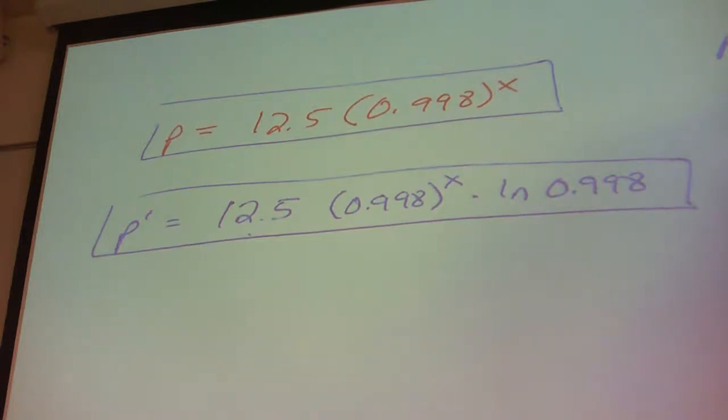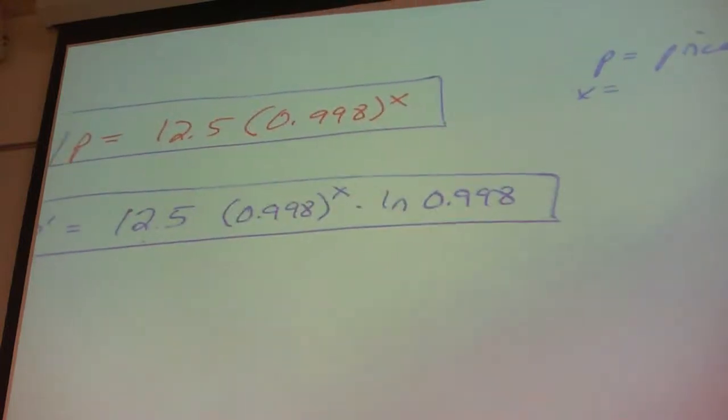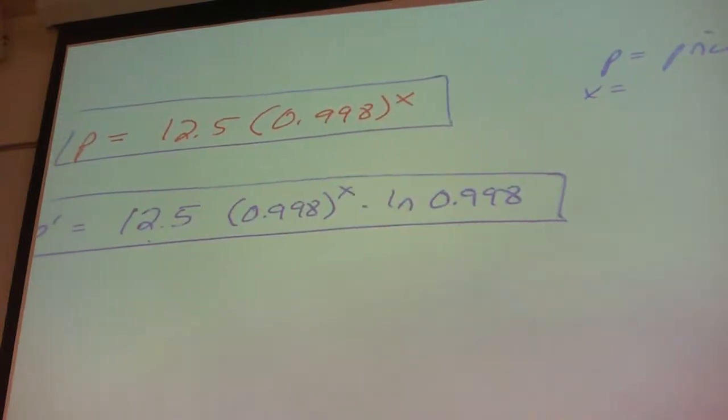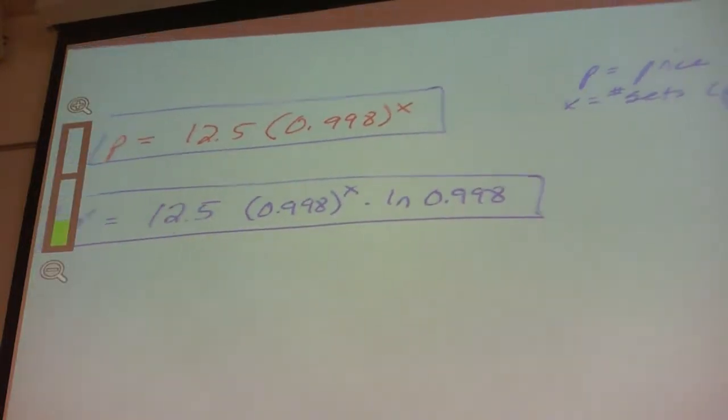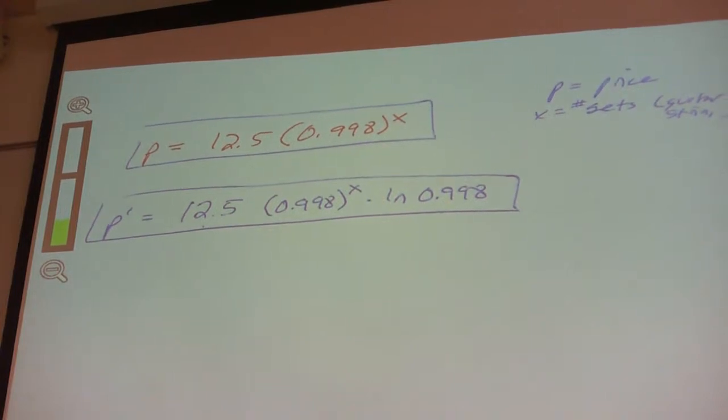P is price. x is number of sets. We're talking about guitar strings. Okay, so our P stands for price. x is number of guitar string sets.